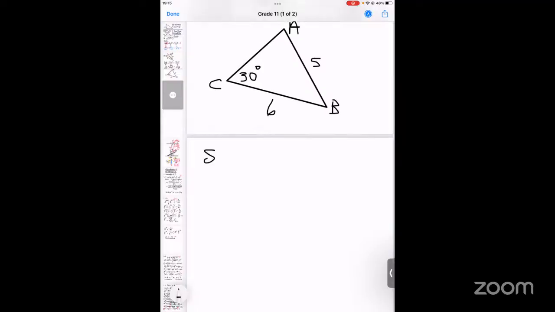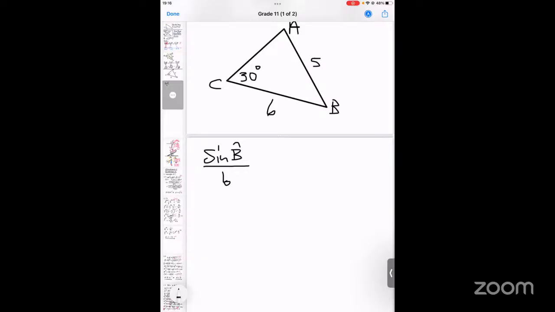like this, to say sine of that angle B over, I don't have that. Then there's a problem.